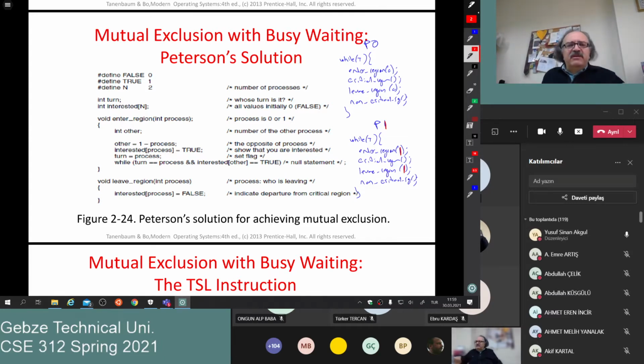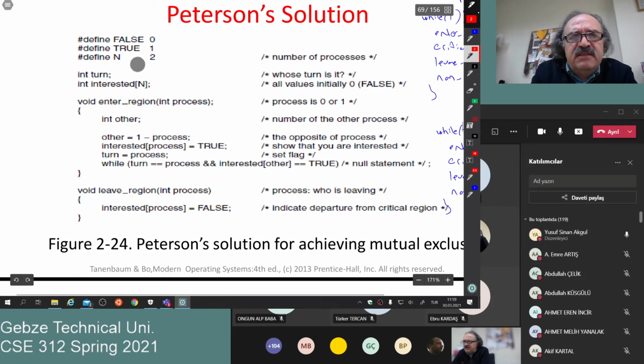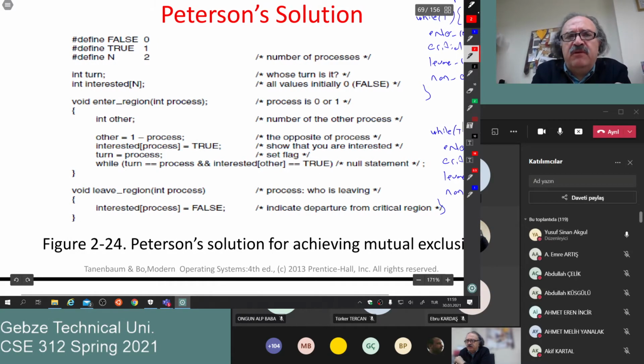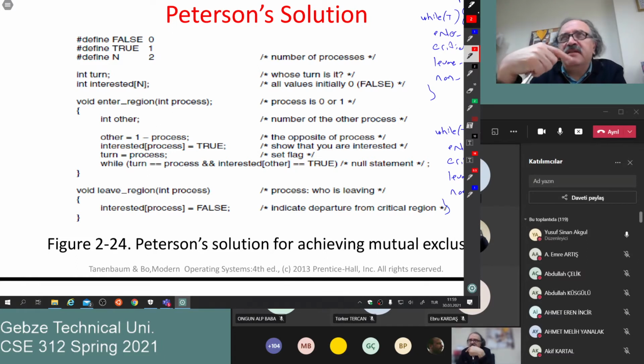Okay, so let's look at this code. This one says that I have two processes, and there is a global variable named turn, and there is a global array of integers of size 2, turn and interested. The meaning of turn is the same as before, either turn number 0 or turn number 1, process 0 or process 1.